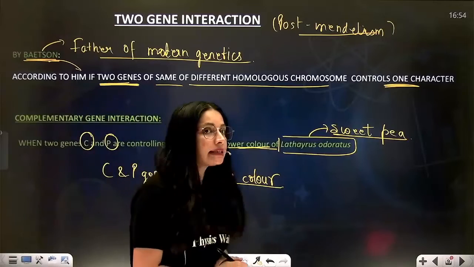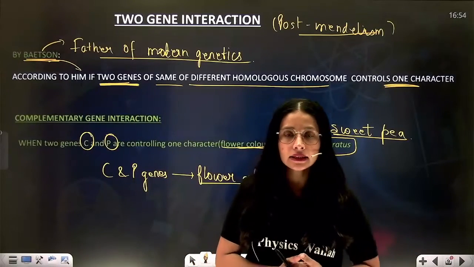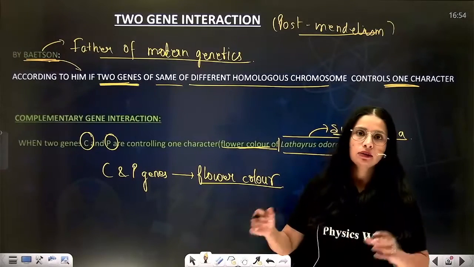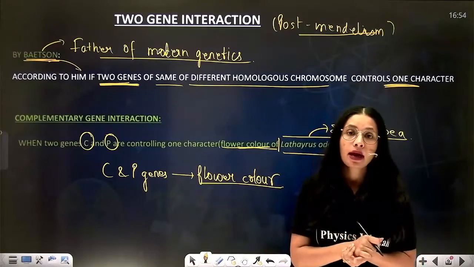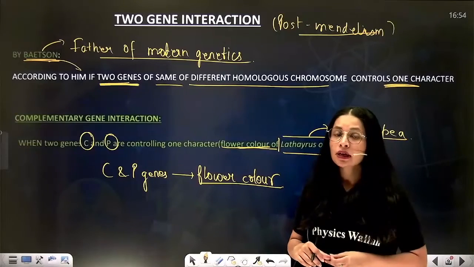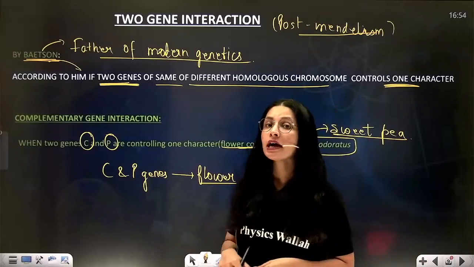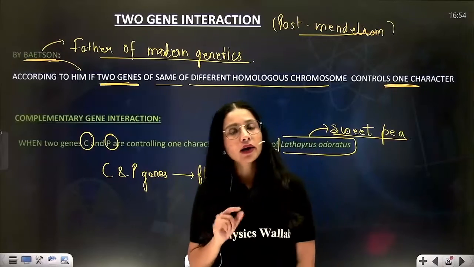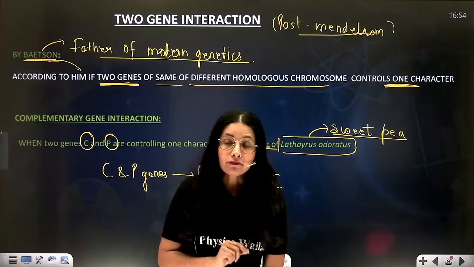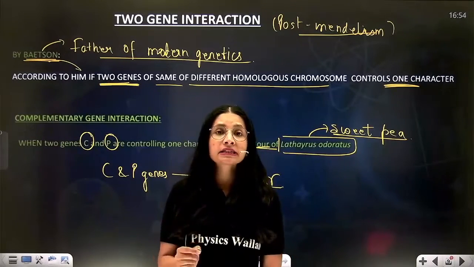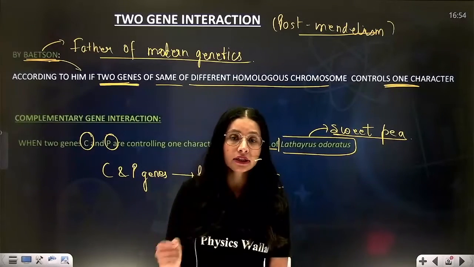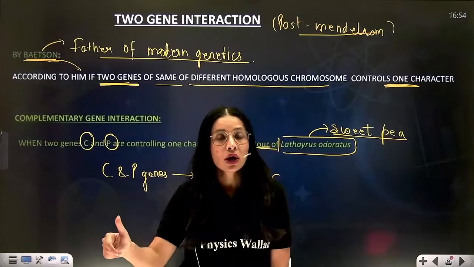It is said, beta, that the flower color of sweet pea can be of two colors, white and purple. Purple color comes when both the genes are present in dominant state, either homozygous or heterozygous. Even if one gene is present in its recessive state, the flower color will change from purple to white.